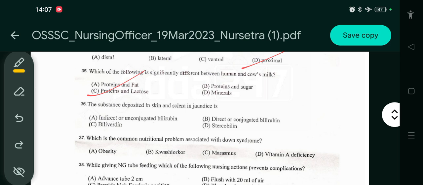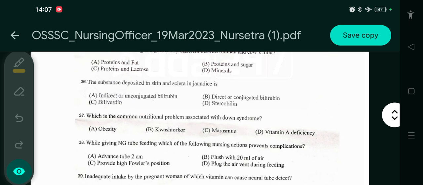Okay. So next question, the substance deposited in skin and sclera in jaundice is called? First option is indirect or unconjugated bilirubin, B is direct or conjugated bilirubin, C is biliverdin, and D is stercobilin. Here the answer is direct or conjugated bilirubin.